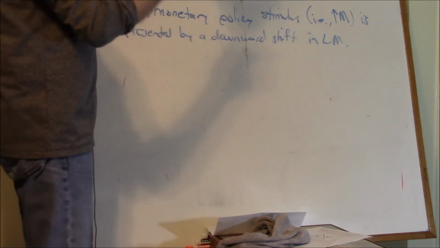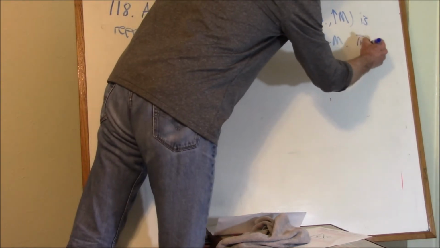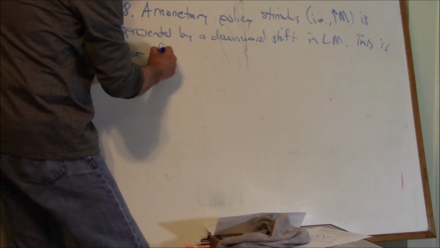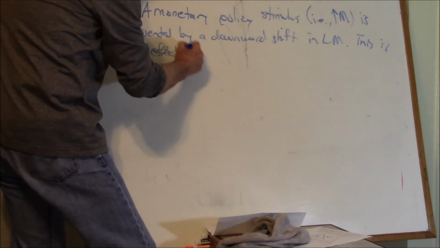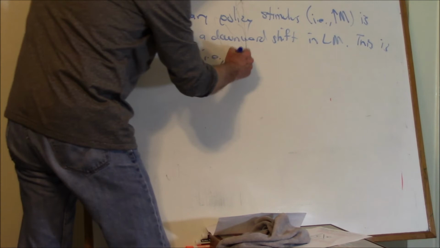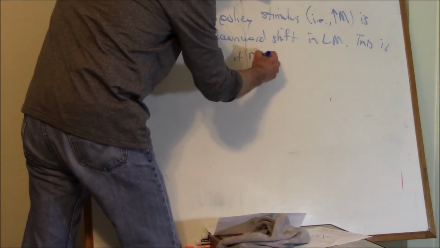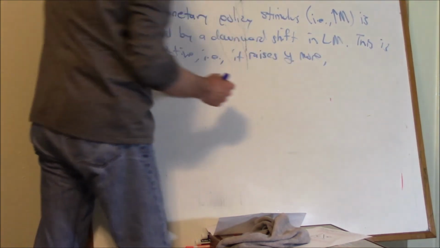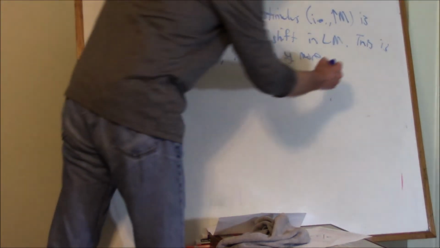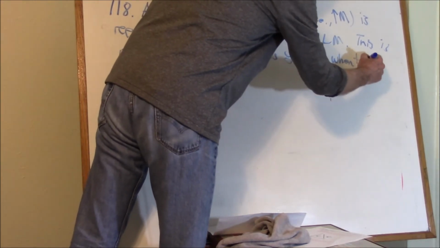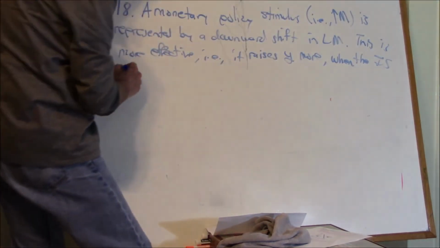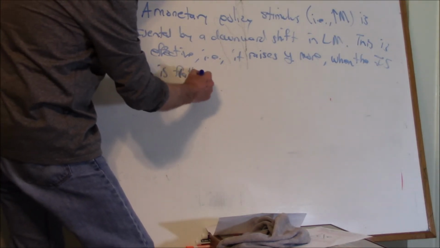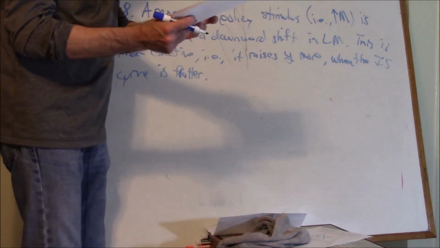This is more effective, that is, it raises Y more, when the IS curve is flatter. All right, so that's just the geometry, right?